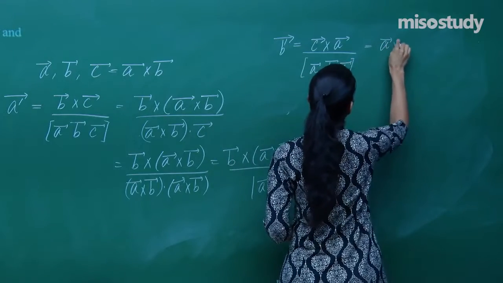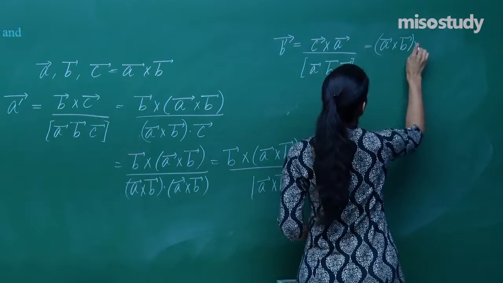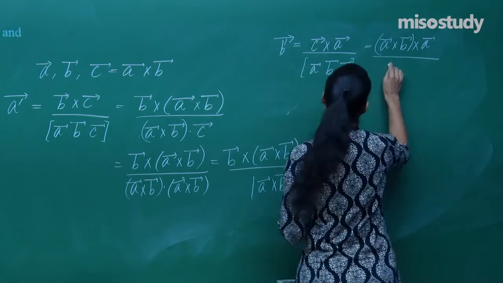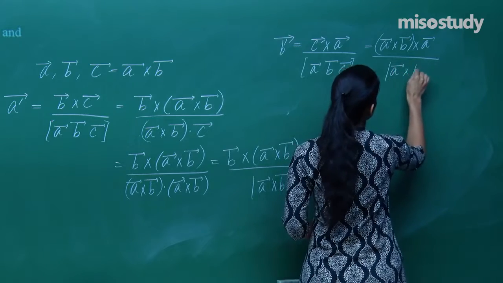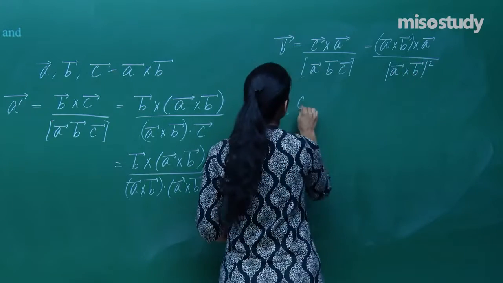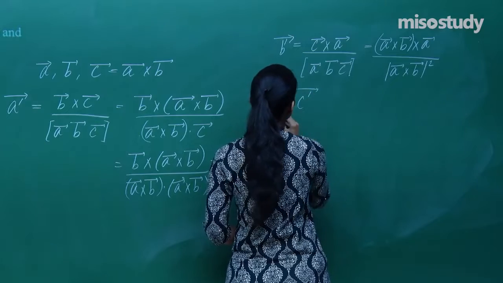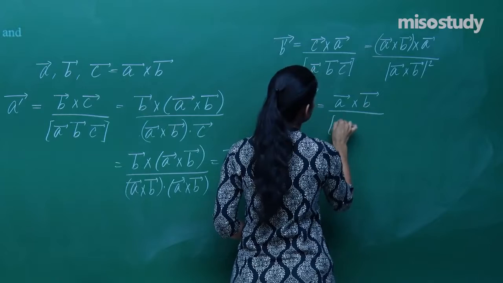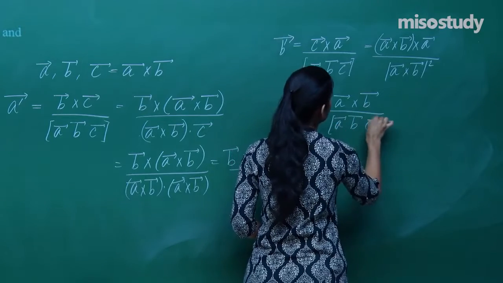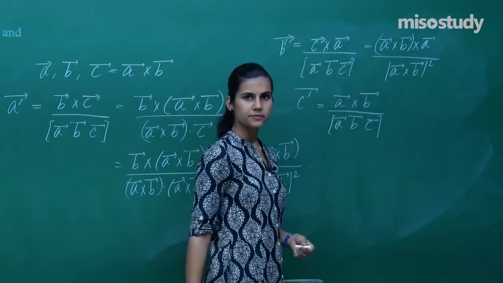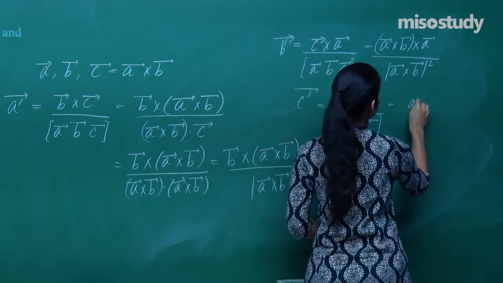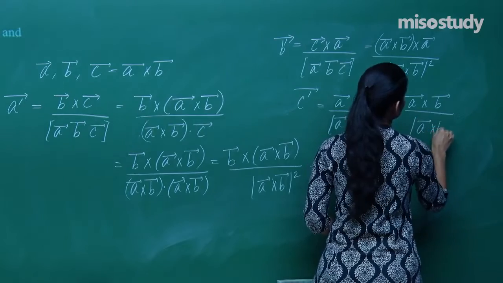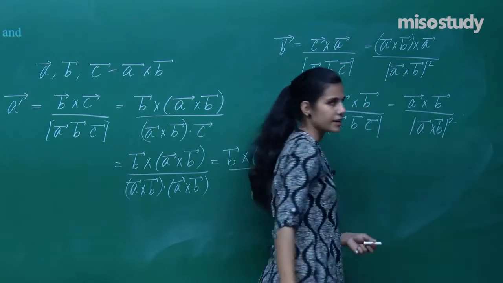A cross B, cross A, whole upon exact same procedure, end up over here, magnitude of A cross B whole square, and then there is C dash vector, which is A cross B upon scalar triple product of A, B, C, which is A cross B upon magnitude of A cross B square.